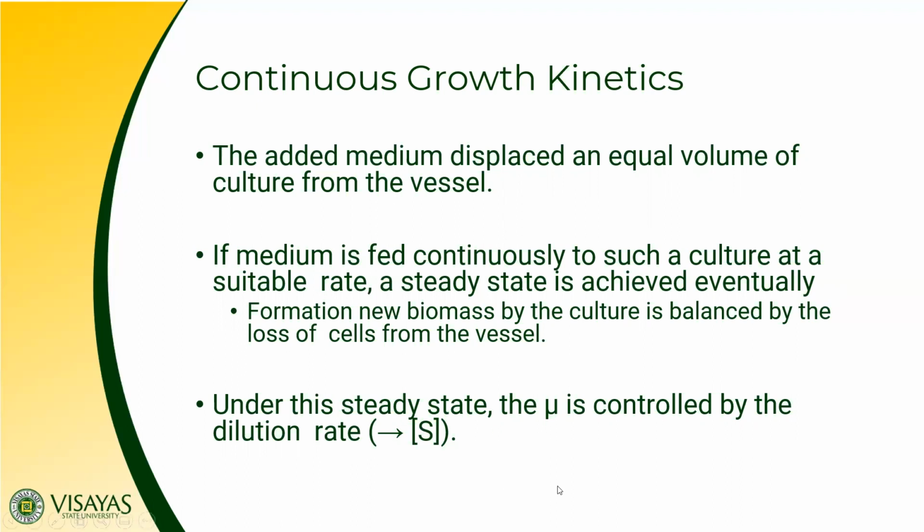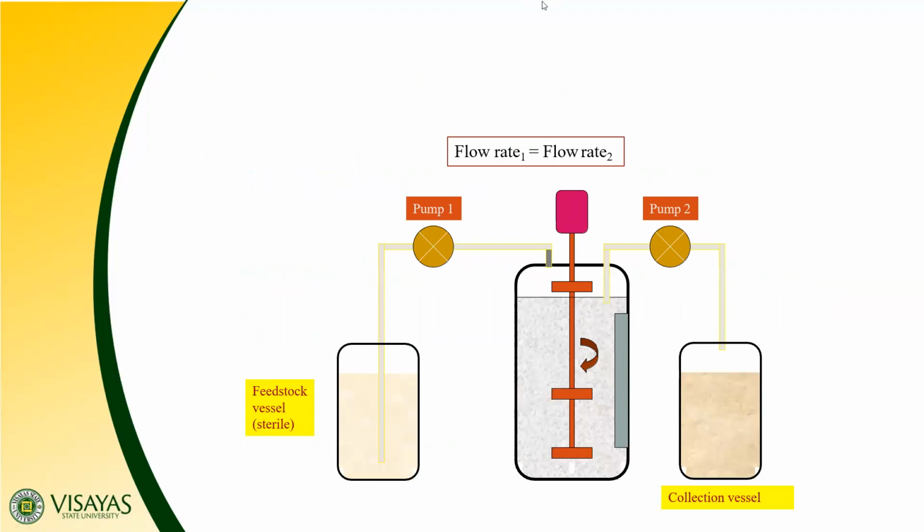That's the steady state that is achieved in the continuous culture technique. Under the steady state, the specific growth rate is controlled by the dilution rate. So the dilution rate is the concentration of the cells. This is the continuous culture illustration, where flow rate 1 is equal to flow rate 2. When there is a feedstock vessel that is added into the fermentation medium, class, there is a new formation of the biomass. So the concentration of the cells that are newly divided or newly produced, the biomass itself, meaning the cells, when I say biomass, it is the cells, class.